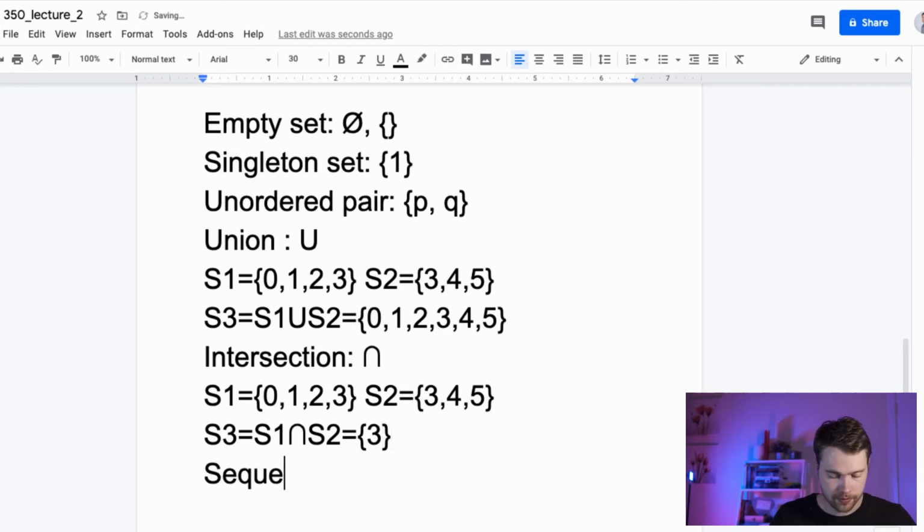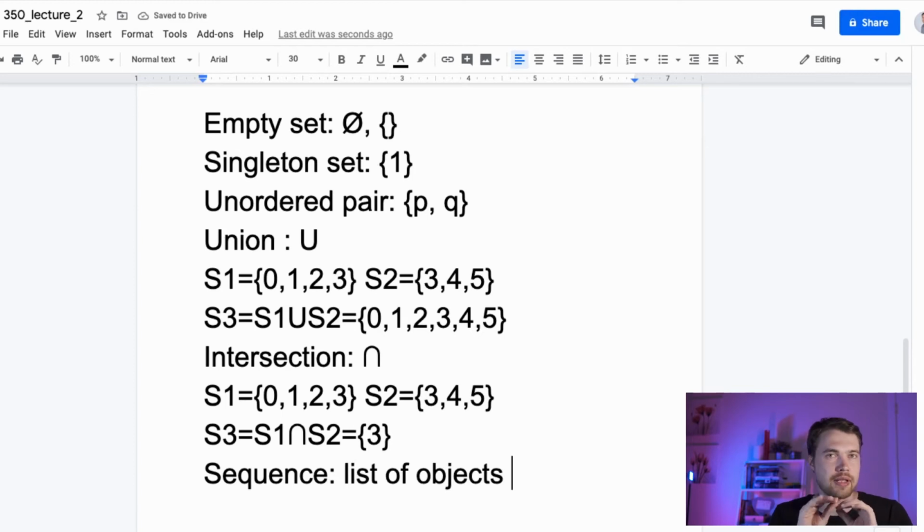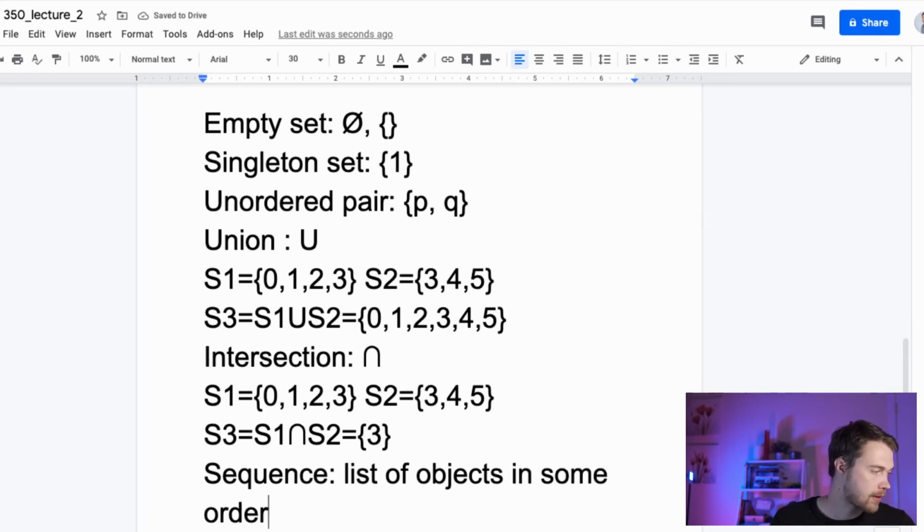Okay, sequence. What is a sequence? Sequence is a list of objects, kind of, okay, it's a bit similar to a set, but not necessarily. So sequence is a list of objects in some order. Usually we denote it with parentheses, some amount of elements in parentheses separated by comma.